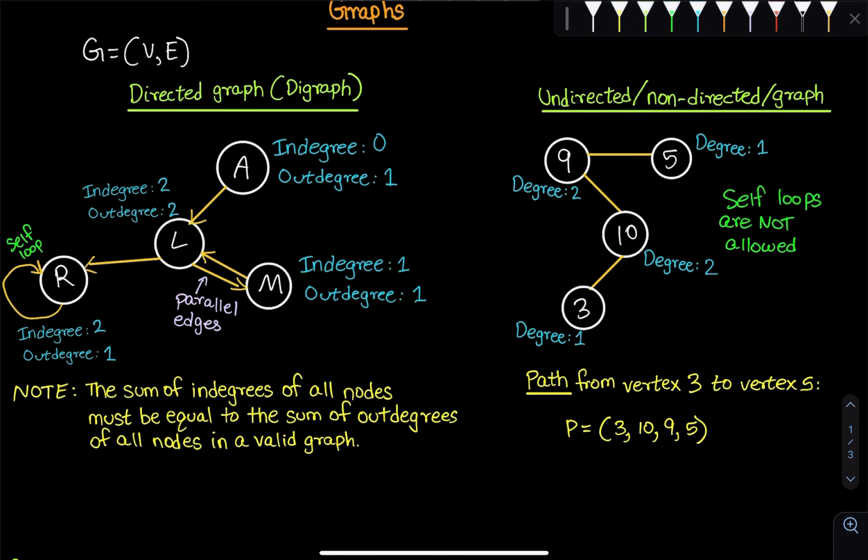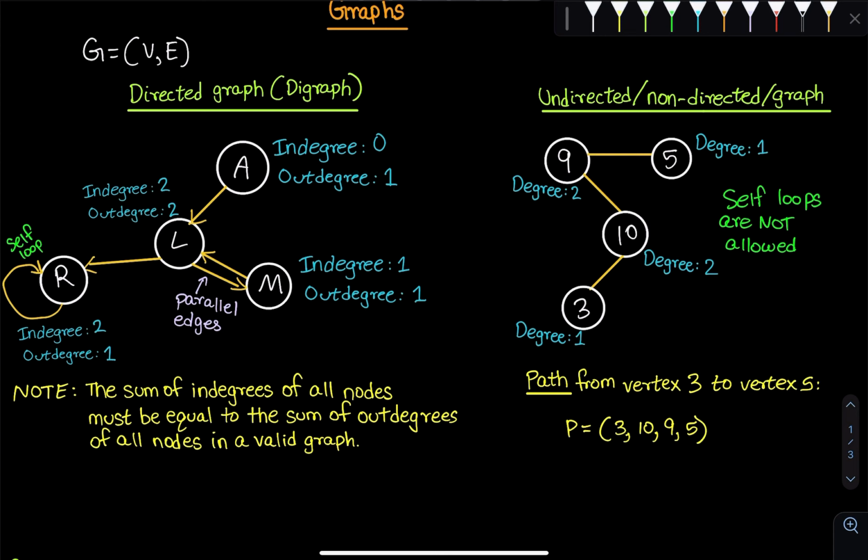Now coming to undirected graphs. An undirected graph is also called a non-directed graph, or simply a graph. All of them represent undirected graphs. Here each vertex doesn't have in degree and out degree, it has just a degree, which means the total number of edges connecting that vertex to any other vertex.